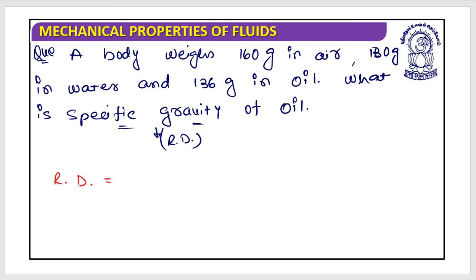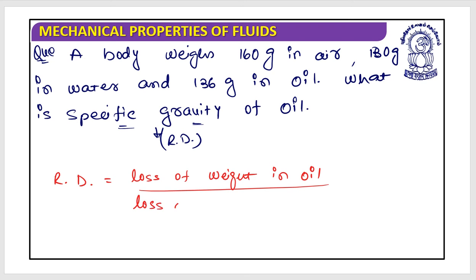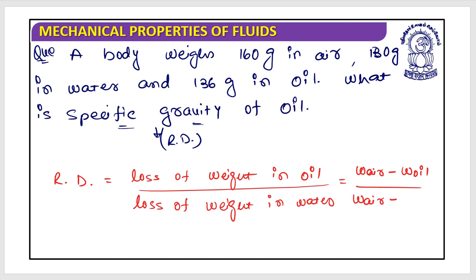So what I understood is relative density is basically the loss of weight in oil to the loss of weight in water. This is equal to weight in air minus weight in oil divided by weight in air minus weight in liquid.